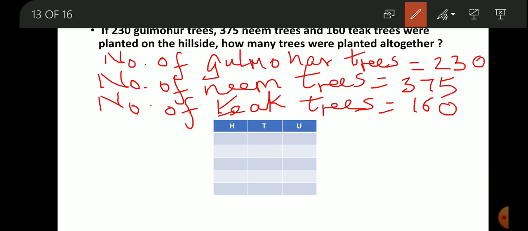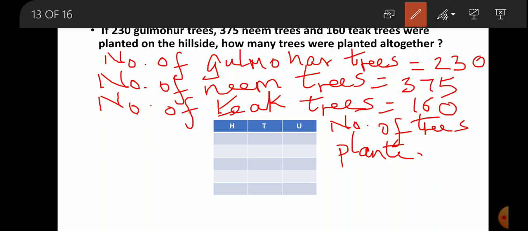How many trees are planted altogether? So, number of trees planted altogether. Okay boys, I've just written it shabbily, boys. I'll give it to you in the notebook.